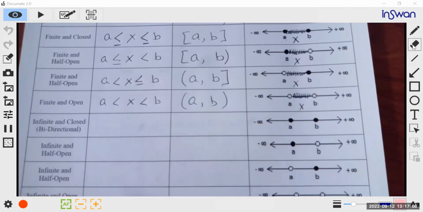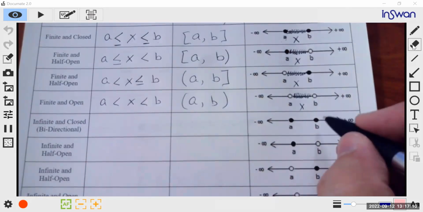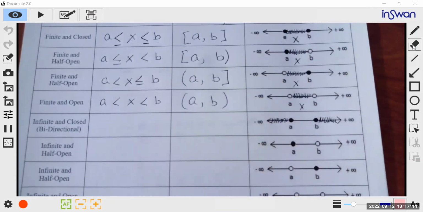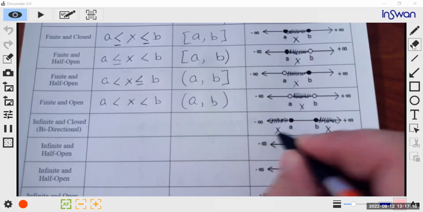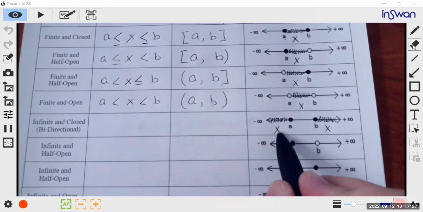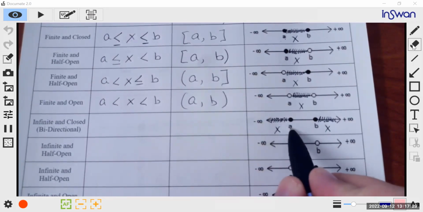Now we have infinite and bidirectional. Yes, like that. So my X's can be in either place. How would you read the first one? X is what to A?